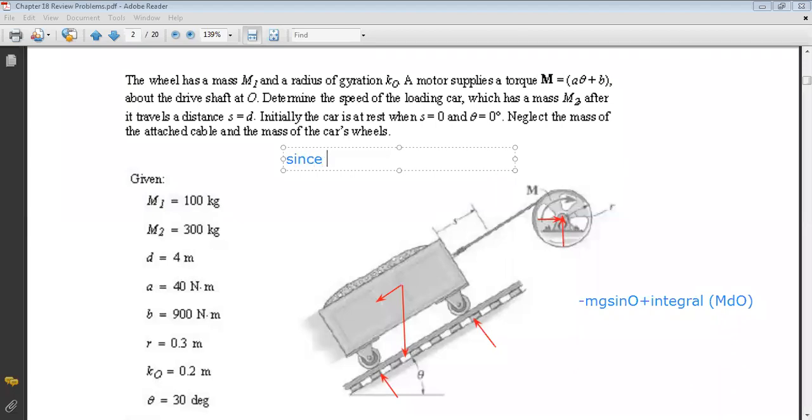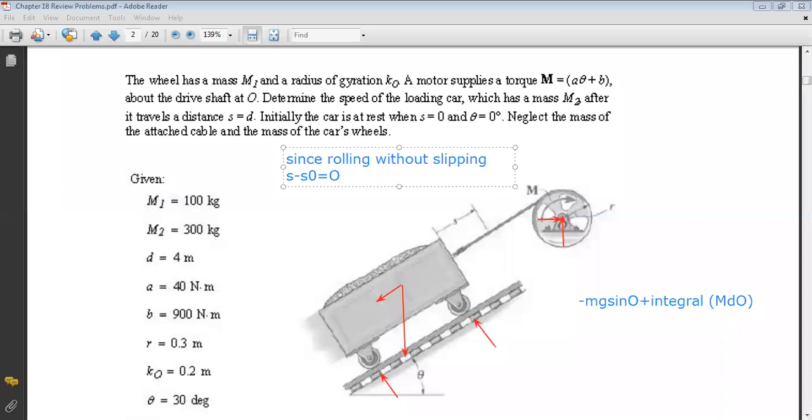So since we have rolling without slipping, we can say that delta s, s minus s0, is equal to theta minus theta 0 times R. Because they said when s is equal to 0, theta equals 0, so s0 and theta 0 are 0.